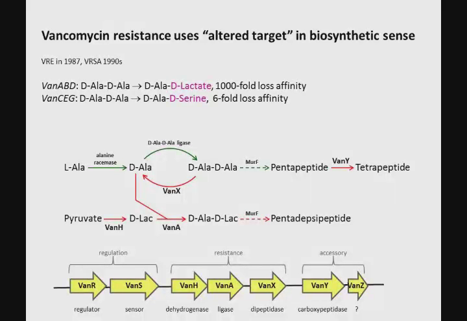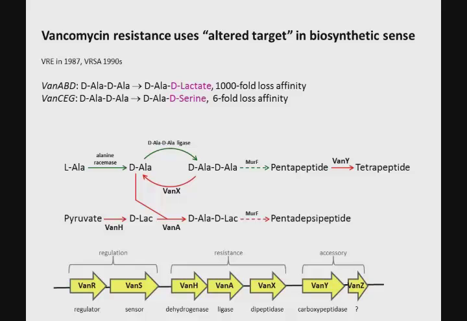It's really quite clever. This is a belt and braces approach. The first thing you need to do is, if you're making a normal wall, you're going to get killed. So the first thing you have to do in the presence of vancomycin is remove that normal substrate. So this accessory gene, VanY, is a hydrolase that will take the pentapeptide and clip off the D-alanine to give you a tetrapeptide.